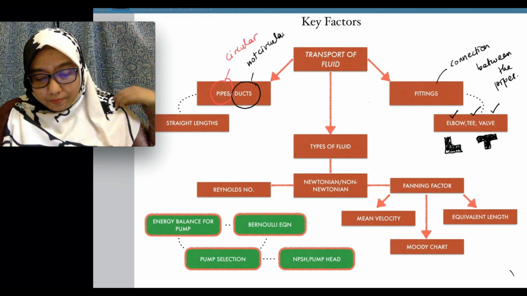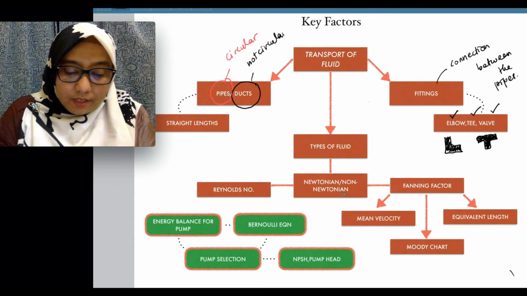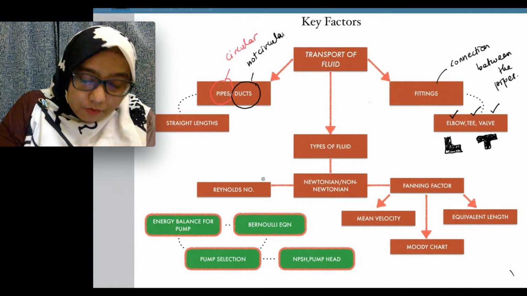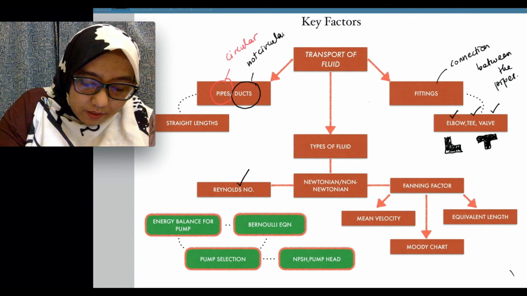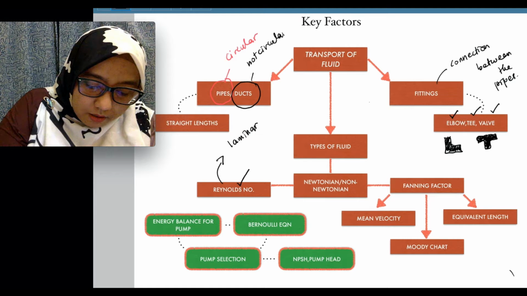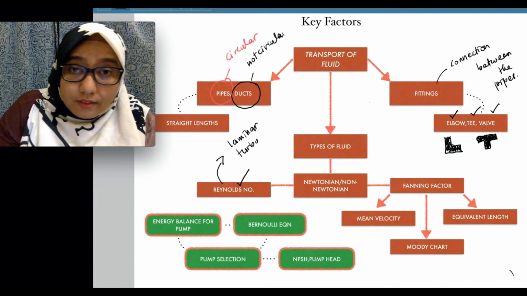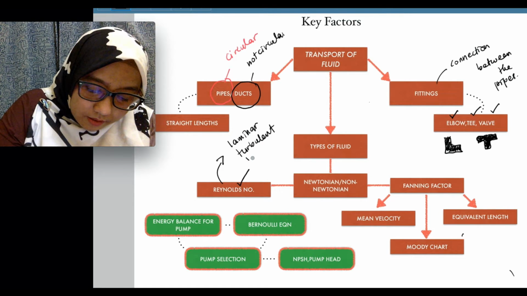Right, so from the types of fluid, we know that to characterize the type of fluid, we need to calculate the Reynolds number to characterize it into laminar, turbulent, as well as transition.